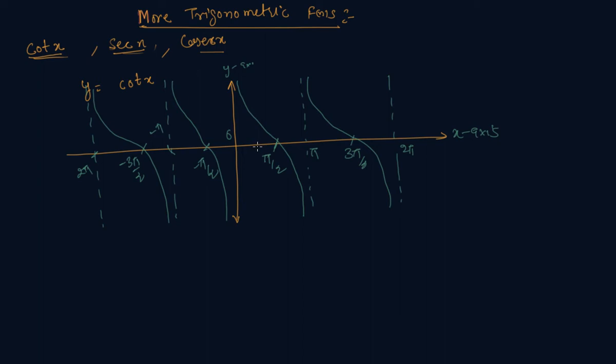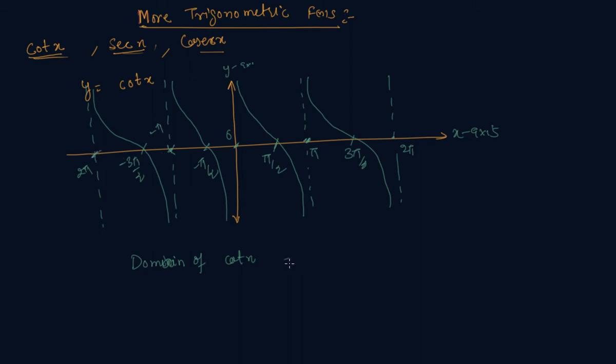Now we will see the domain of cot x. As you can see, students, it is not taking the value 0, the graph is not touching at 0, pi, 2 pi, minus pi.